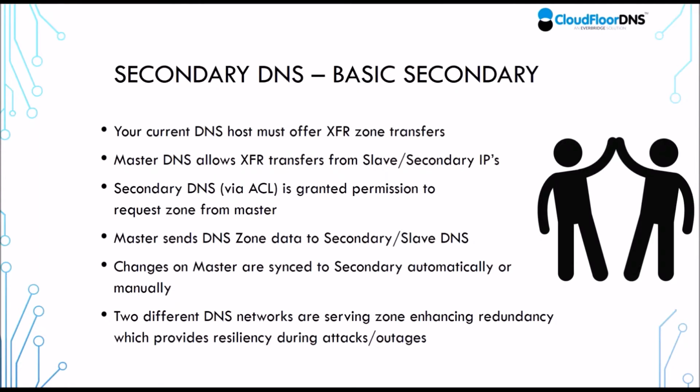The master then sends the DNS zone data to the secondary or slave, and then changes on the master are synced to the secondary automatically or manually via API. And then basically two different networks are serving your zone, not only enhancing redundancy, but it provides much more resiliency during attacks and outages, and can also speed up your network depending on who you choose for a provider.